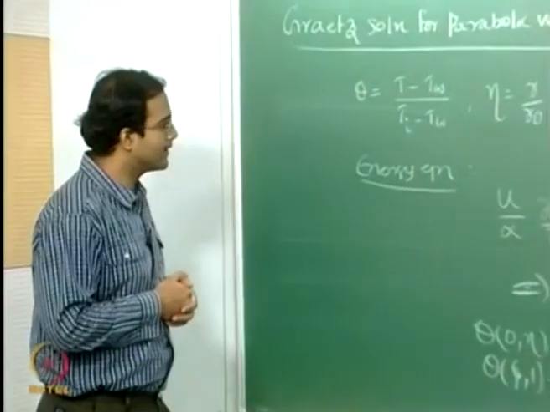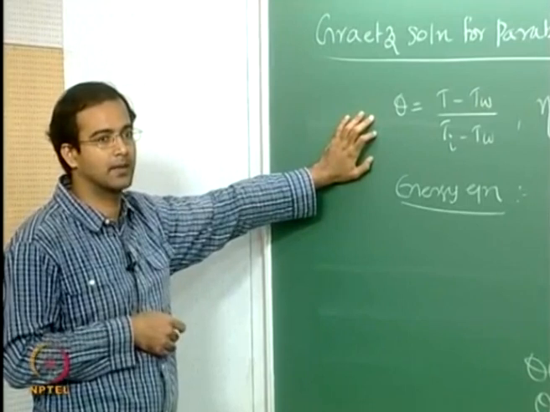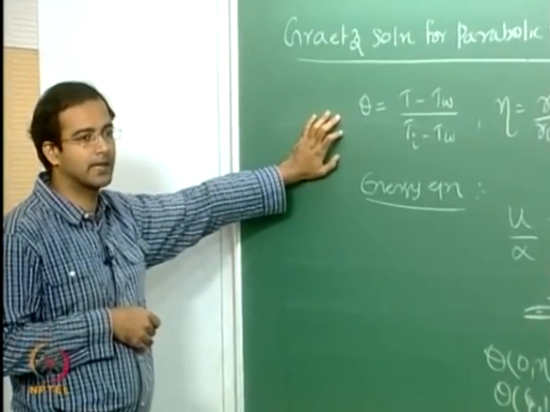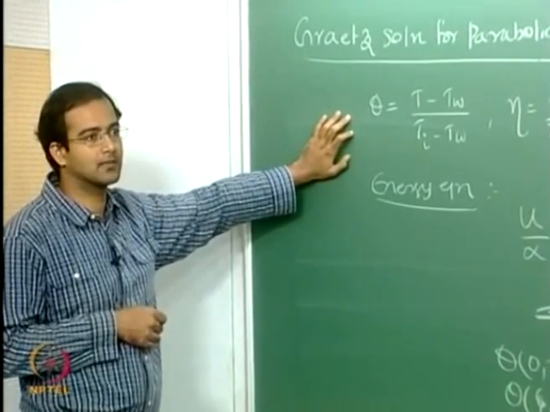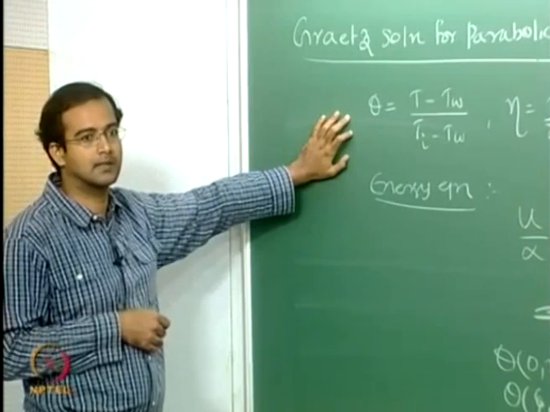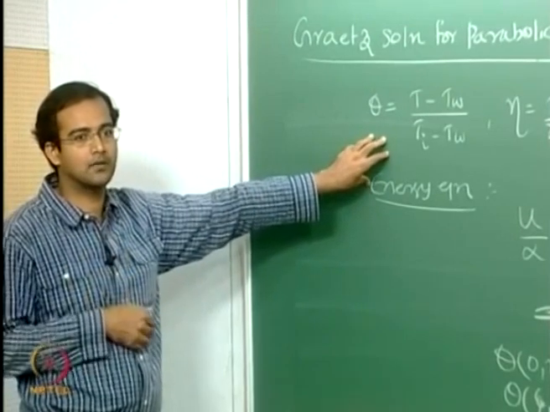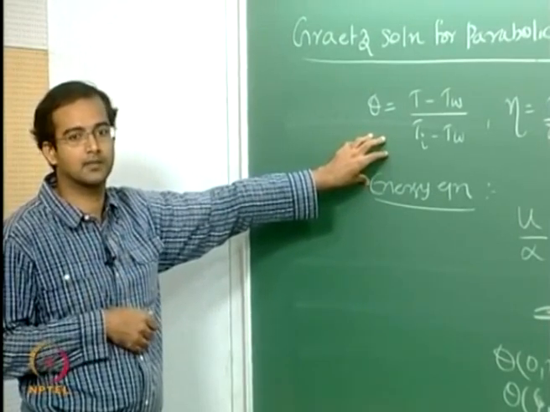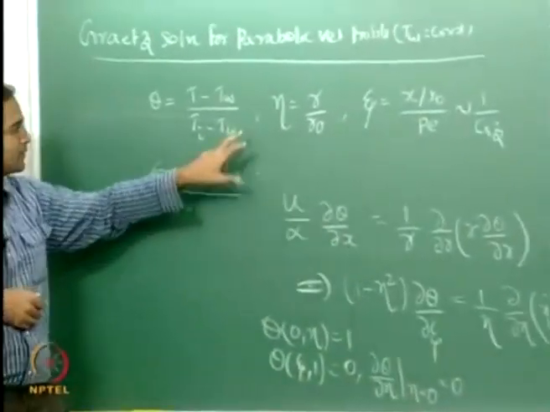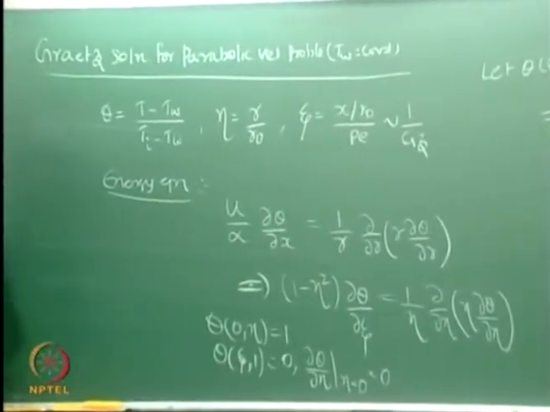The easier way to start is to introduce these non-dimensional variables. For temperature, as usual, we define theta as T minus T wall by Ti minus T wall. Since this is a constant wall temperature boundary condition and your inlet temperature is also assumed constant, this is an appropriate definition for theta. Once you have a constant wall flux boundary condition, you cannot define theta this way, because when you take the differential with respect to x, your wall temperature will not be a constant and therefore they will not cancel out on both sides.